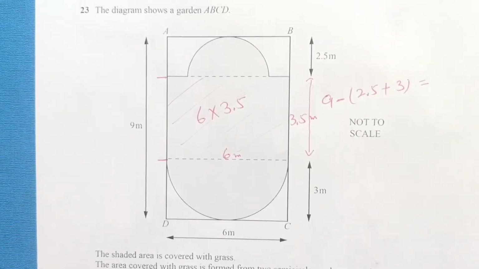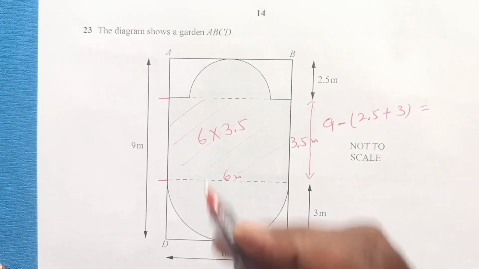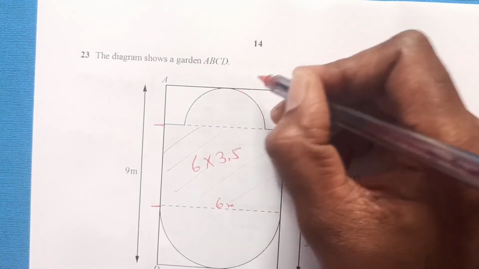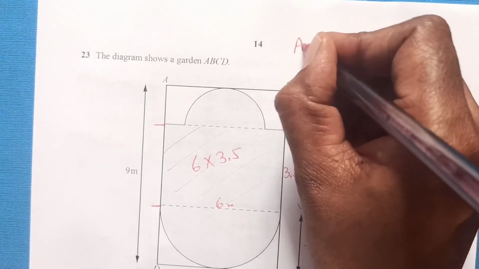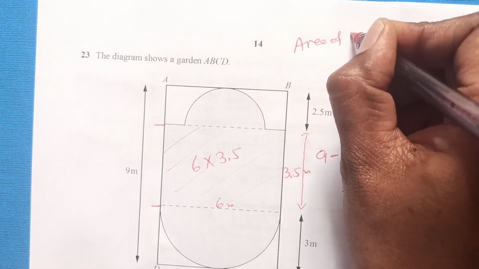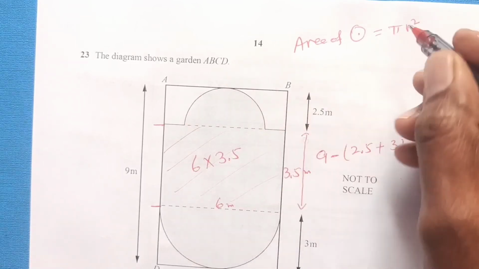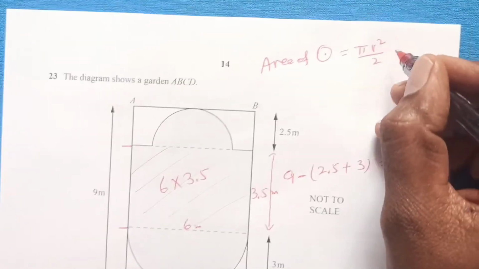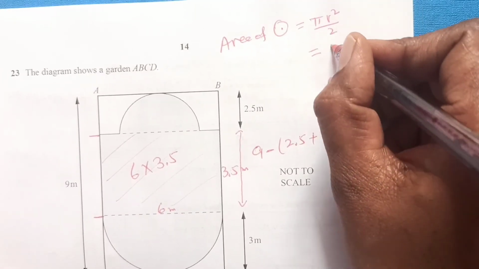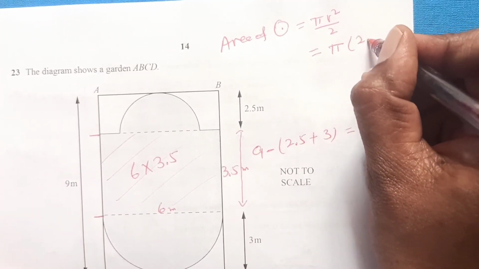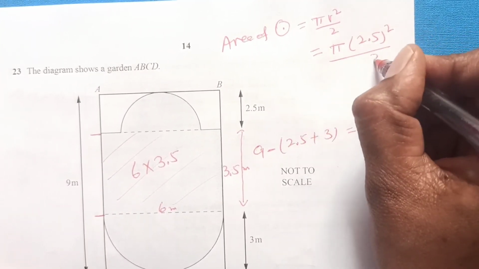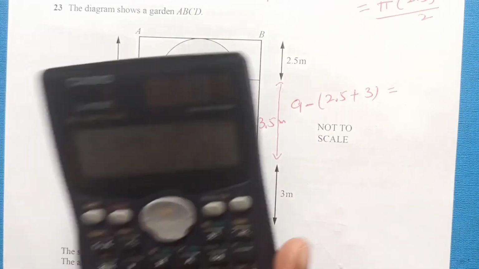Now we need the area of this small semicircle here. As you know, area of the circle is pi r squared. As this is a semicircle, we will take half of that. So that means it is pi times 2.5 squared over 2. So let's calculate this from the calculator.